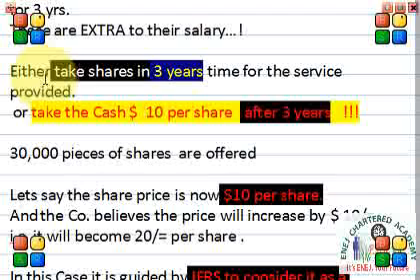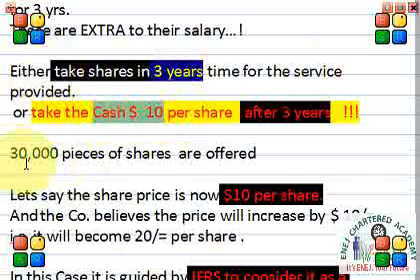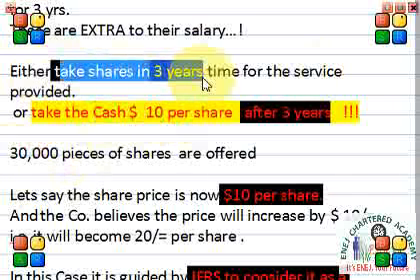So the options might be either take shares in 3 years time for the service provided, or take cash of $10 per share. So if we are offering 30,000 shares to our directors, we might give them an option. Either you take cash at 10 per share, 10 into 30, which gives a cash of $300,000, or take shares in 3 years time.